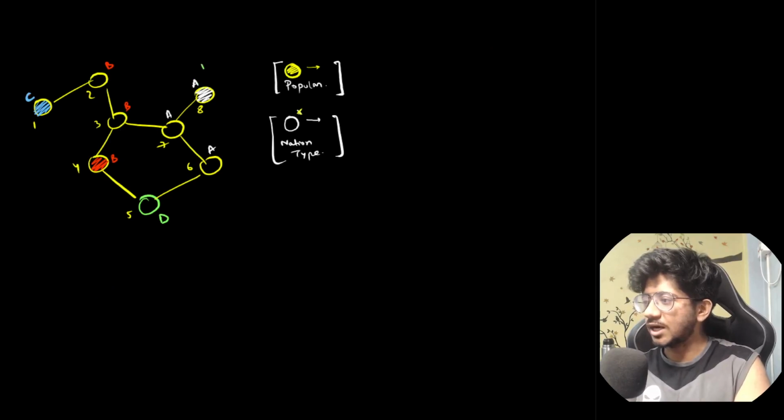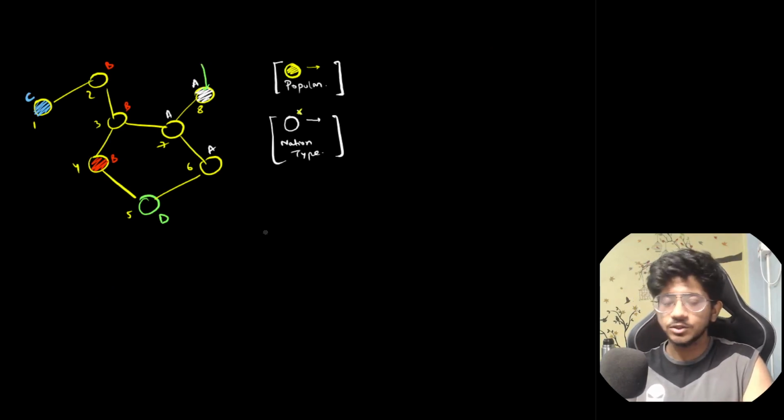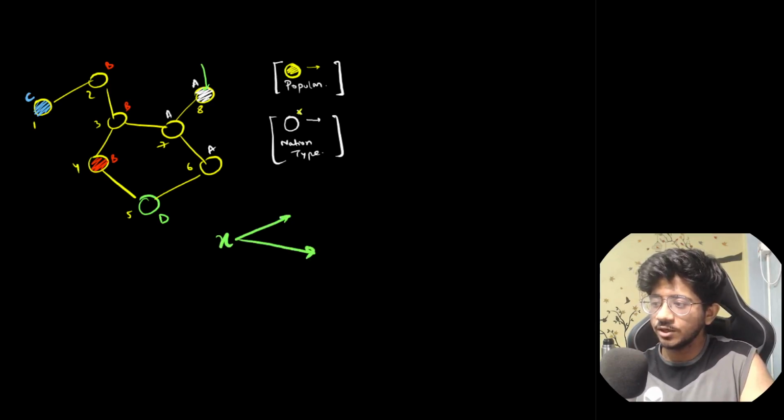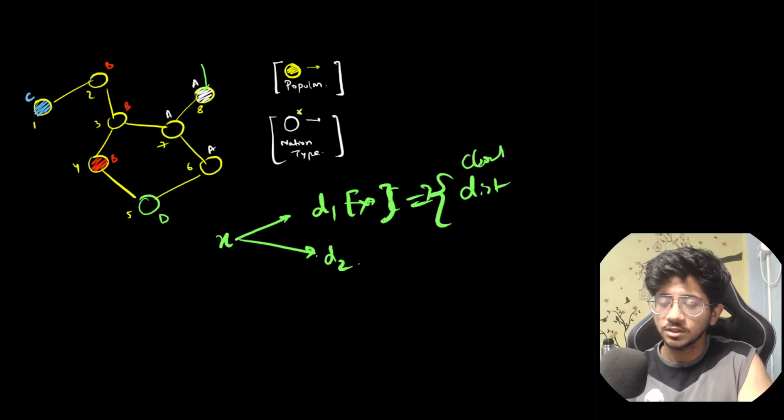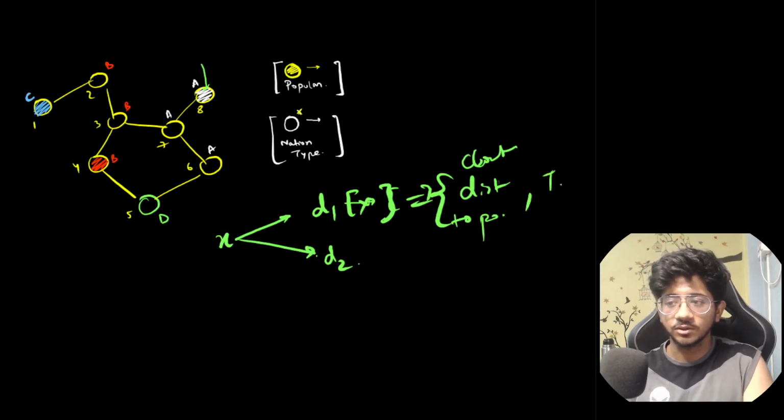Essentially, for every node X, we will find two different distance arrays, D1 and D2. D1 is the closest popular node and its type. D1 of X will store two values: the closest distance to a popular node, and the nation type of that closest one.